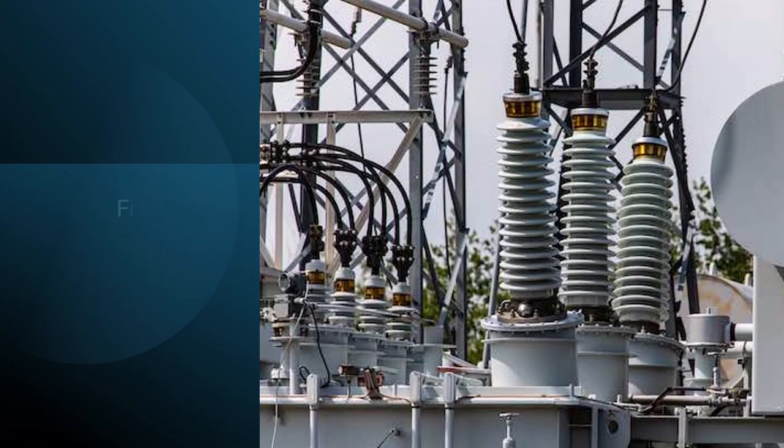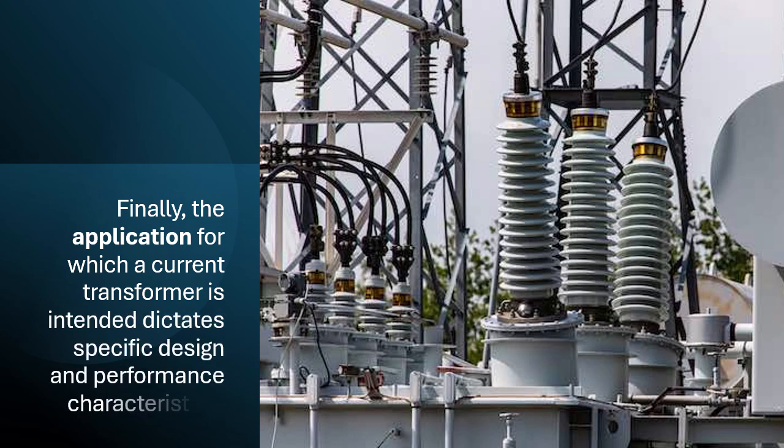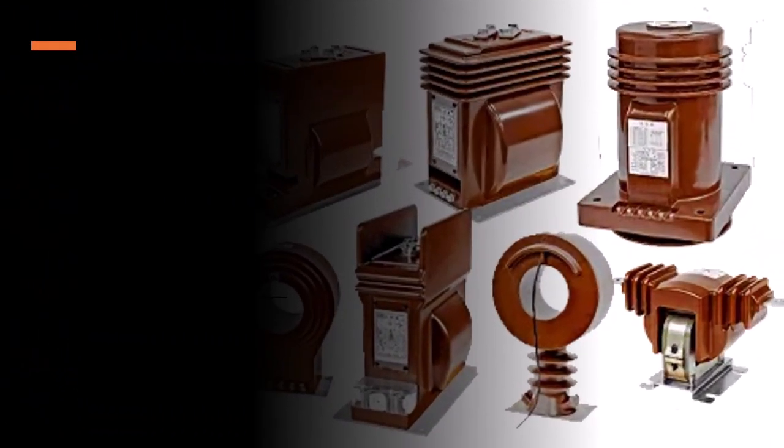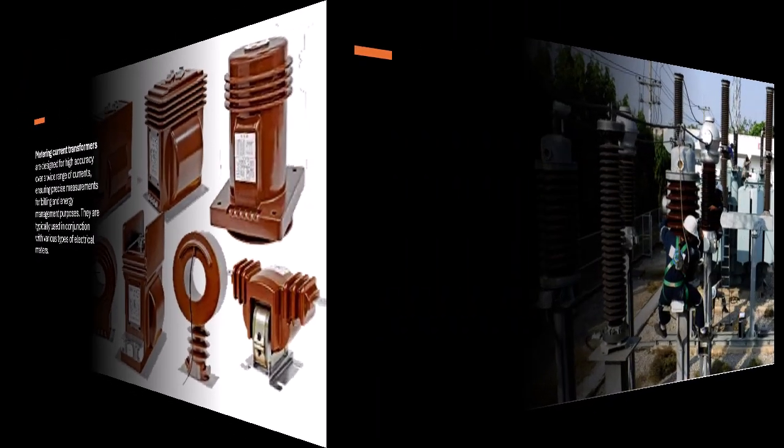Finally, the application for which a current transformer is intended dictates specific design and performance characteristics. Metering current transformers are designed for high accuracy over a wide range of currents, ensuring precise measurements for billing and energy management purposes. They are typically used in conjunction with various types of electrical meters.